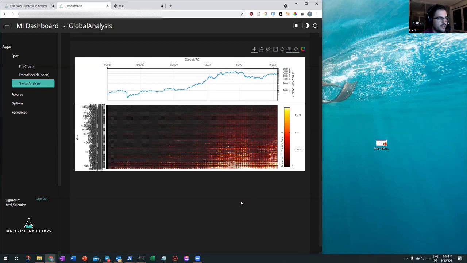You see that there was a ton of trading activity near the top, and the trading activity dropped drastically in this 30K range. But then it started picking up again as of August, going into September.